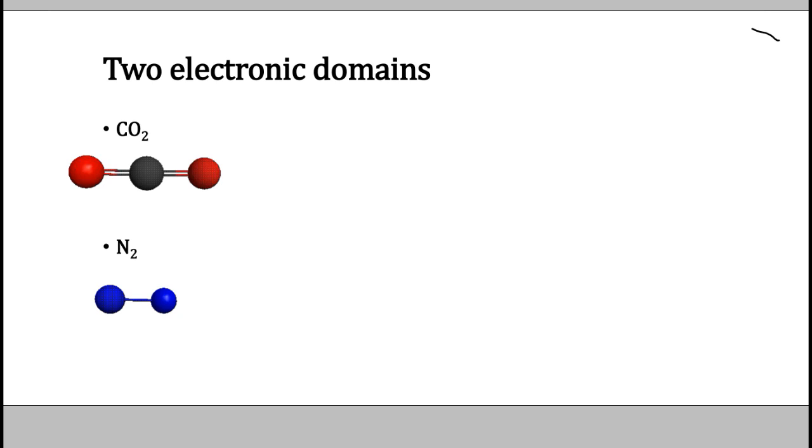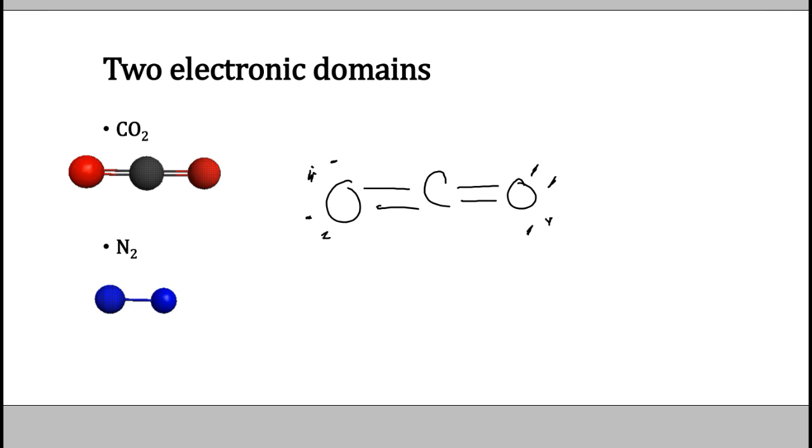So for CO2, if we draw that Lewis structure, we'll see again that everything obeys the octet rule. Okay, so that's a good Lewis structure there. Everything obeys the octet rule. No formal charge.